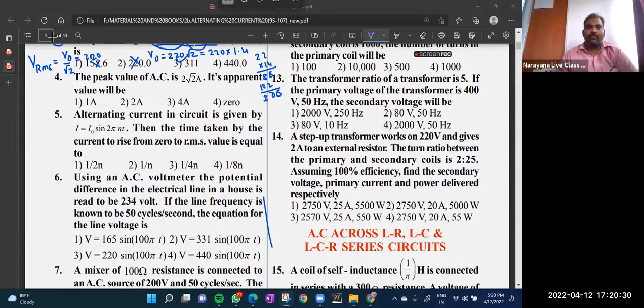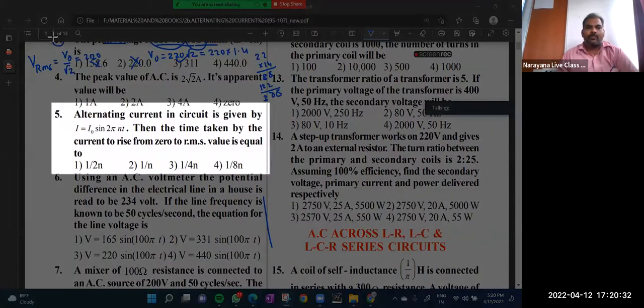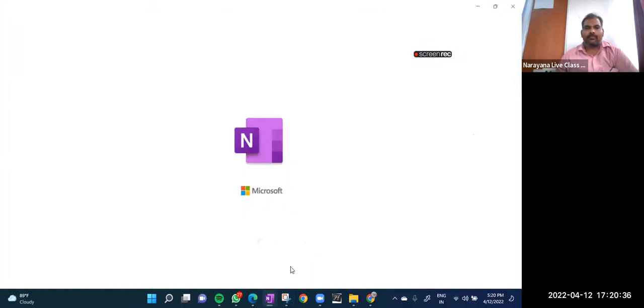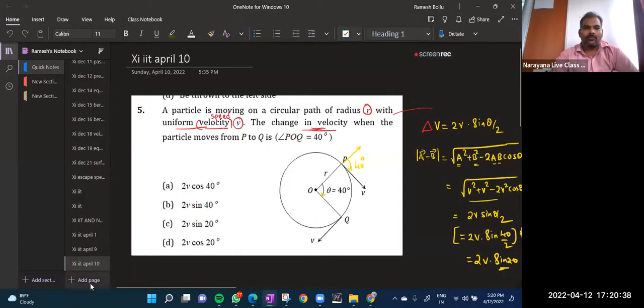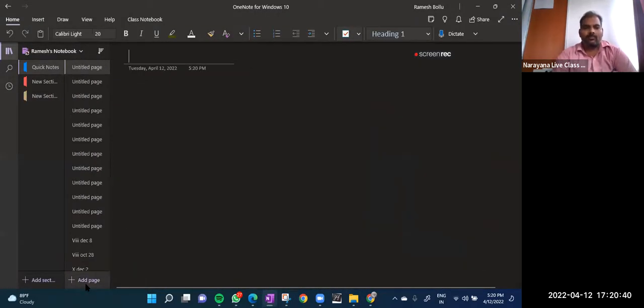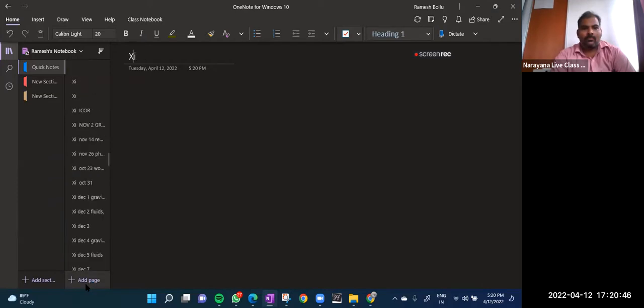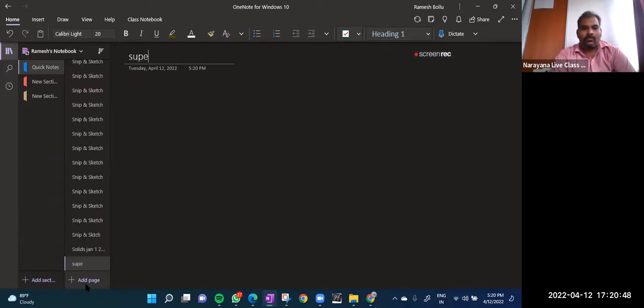Question number 5. For solving, I need some space. This is actually Super China. The same syllabus is there for everyone. Super China topic also.